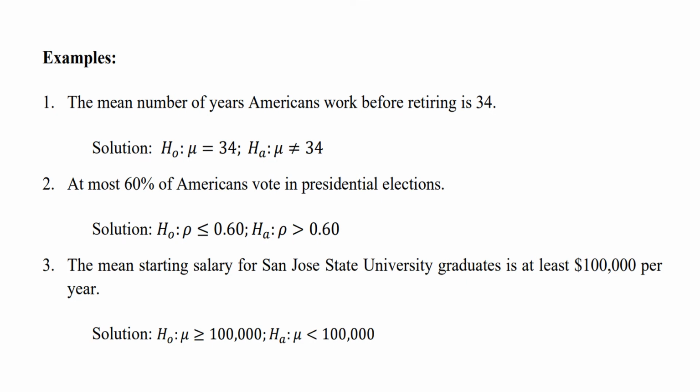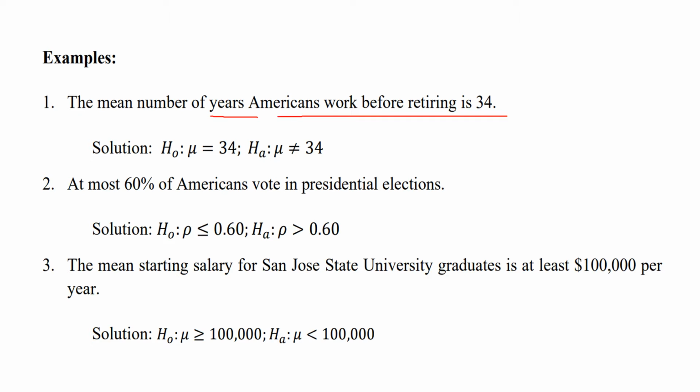So let's deal with this example for us to visualize more what your null and alternative hypothesis are. First example, your statement is that the mean number of years Americans work before retiring is 34. There is no keyword here, like less than, greater than, not equal to, increase from, or change from.